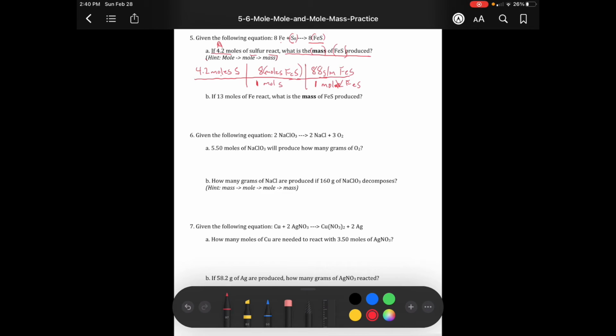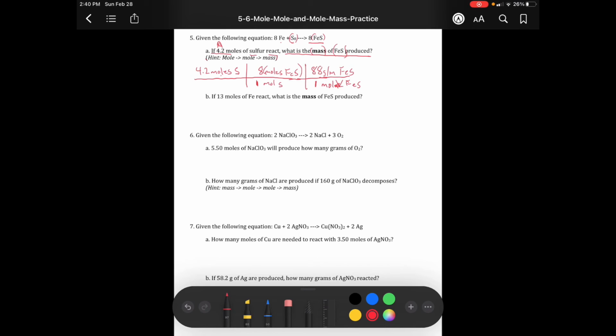Now we're set to do our calculations, so let's go across the top. You ready? It's going to be 4.2 times 8, because we multiply across the top, divided by 1, because we divide by the bottom, times 88, because we multiply across the top, divided by 1. You don't have to do the one step unless you want to. I do, just to make sure I'm getting it right.